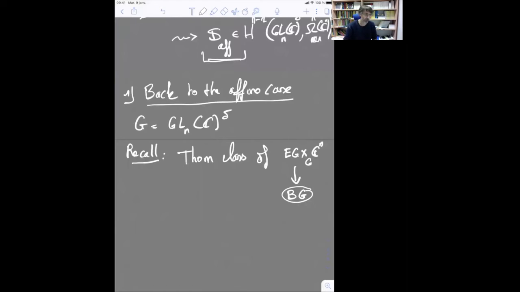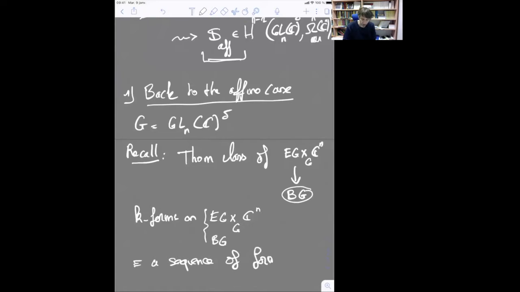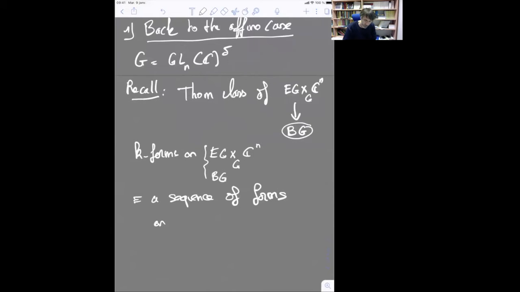It's called the simplicial de Rham theory, and in fact, you can consider k differential forms on simplicial varieties like this, for example, on EG cross G times Cn over G, or the same on BG, and such a k form will be a sequence of differential forms on the product of the k simplex, so the sequence will depend on k, cross EKG cross Cn in the first case, or cross BKG in the second case.